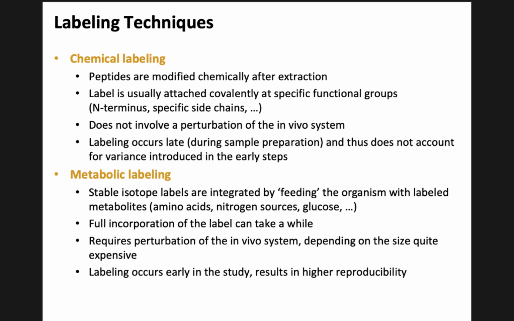Heavy water is not the same as light water. The boiling point, for example, of heavy water is not at 100 degrees Celsius, it's at 105. So there are subtle differences between these isotope-labeled compounds. The advantage, however, is that the labeling occurs early in the study, and that can result in higher reproducibility, as all steps are actually covered from the generation of the data.